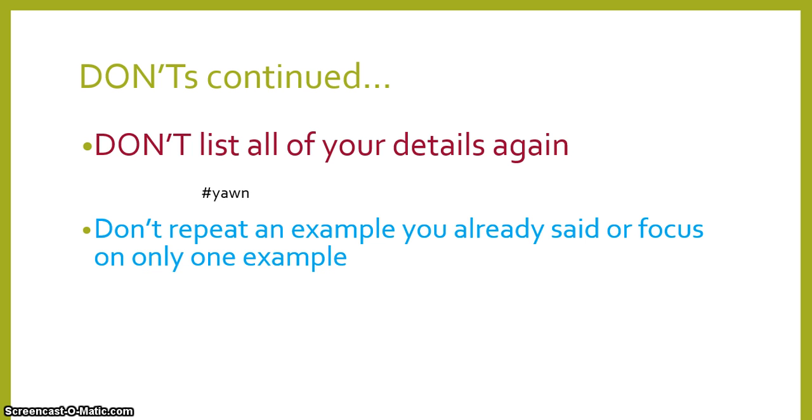Don't repeat an example you already said or focus only on one example. Often when people come to the conclusion, they only focus on the last example they gave and forget about the others. So people often summarize their last example instead of the whole main idea of the paragraph. You want to avoid doing that.